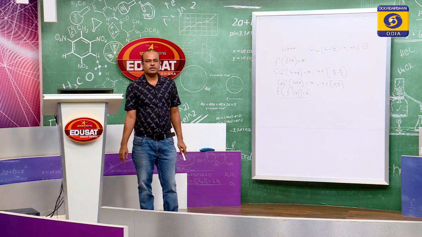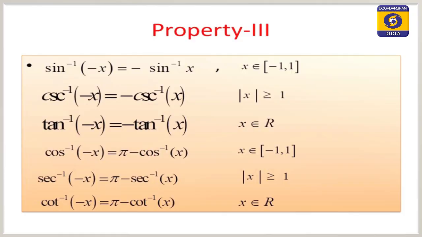Let us consider the third one. Sin inverse of minus x is minus sin inverse x, x belongs to the closed interval of minus 1 to 1. Cosec inverse of minus x is minus cosec inverse x, the restriction is mod of x greater than or equal to 1. Tan inverse of minus x is minus tan inverse x, x belongs to R. But cos inverse of minus x is pi minus cos inverse x, you can note it.